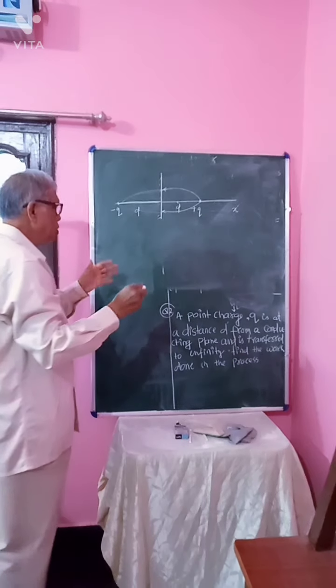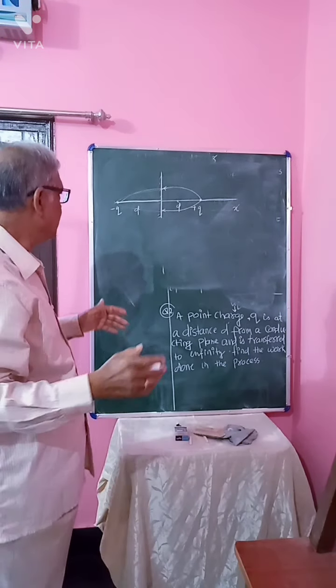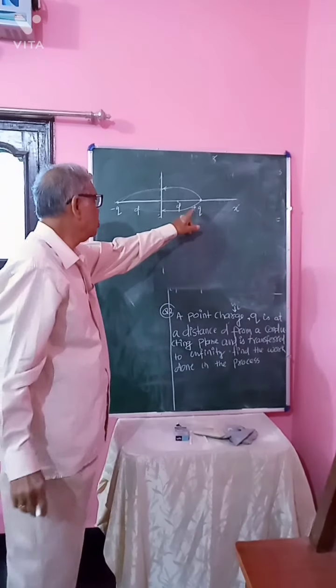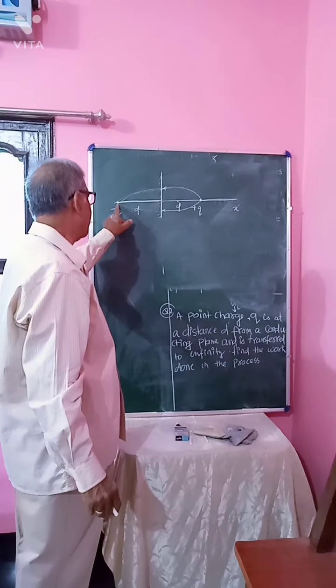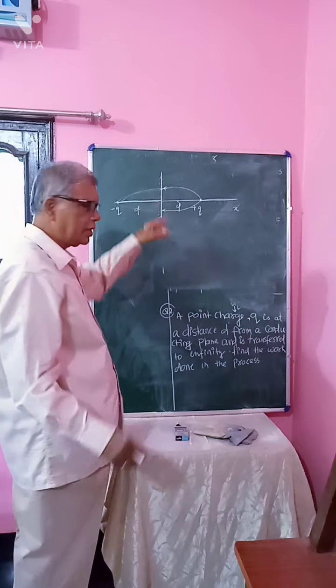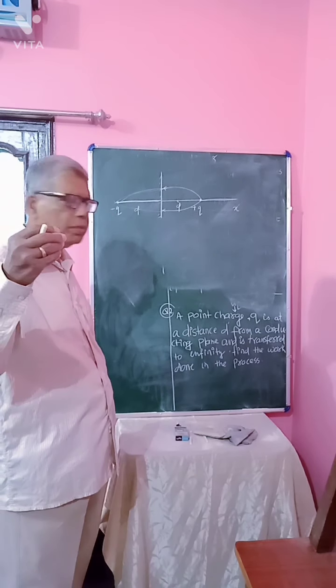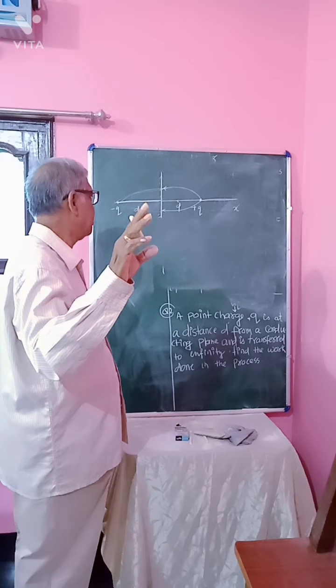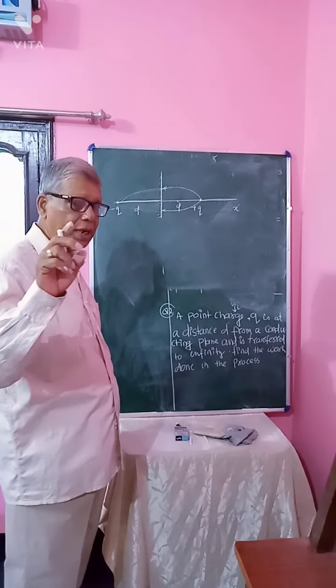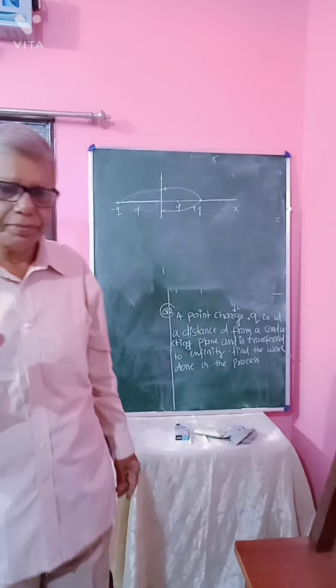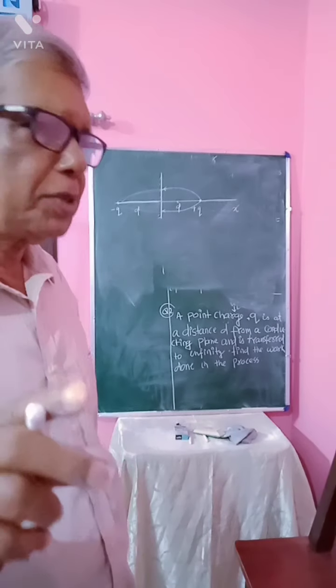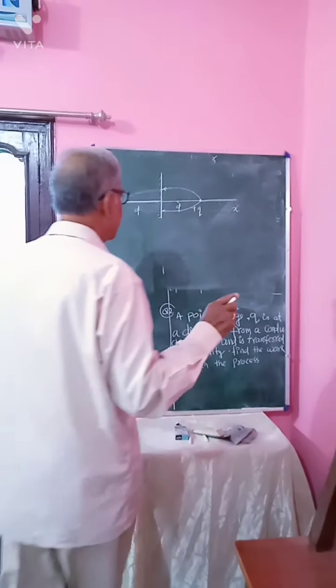Now, one should consider the image charge plus q, image minus q, at equal distance. Now, take away the conducting surface, and a very important condition is that the surface of this conductor is an equipotential surface.